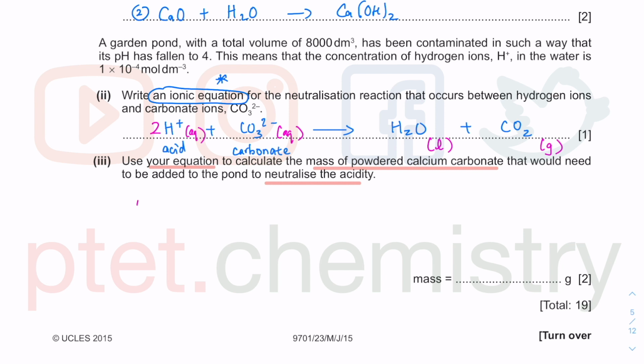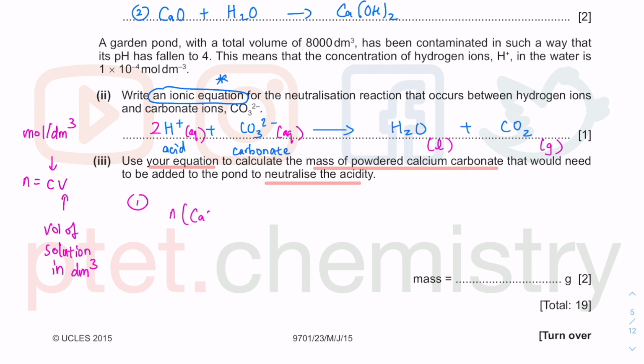So the first thing you can do is you can find the mole of the acid, which we know n equals CV, where C is mole per dm cube, and then V is volume of solution in dm cube, because mole per dm cube must be multiplied by dm cube for the unit to cancel out. So what I normally do is to compare the mole ratio directly.